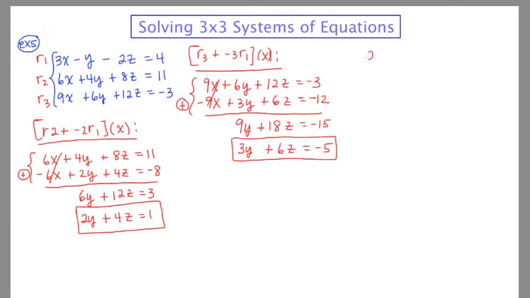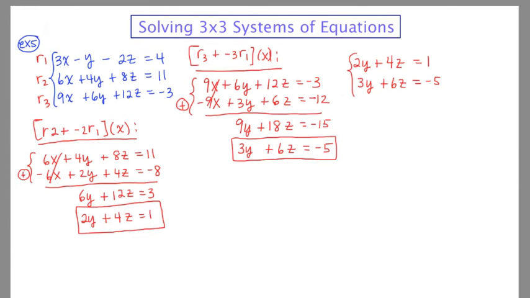So we have 2y plus 4z equals 1, and we have 3y plus 6z equals -5.